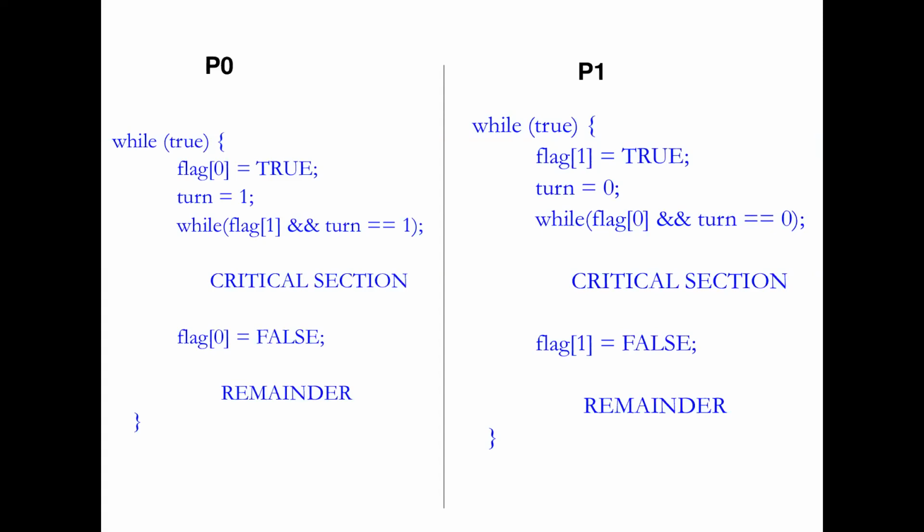Only after this can P0 proceed. So because both of them are competing for the same lock, P0 is effectively waiting for the other task to give it a green light to go ahead, right?